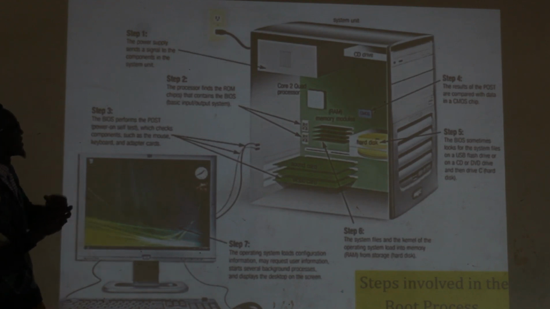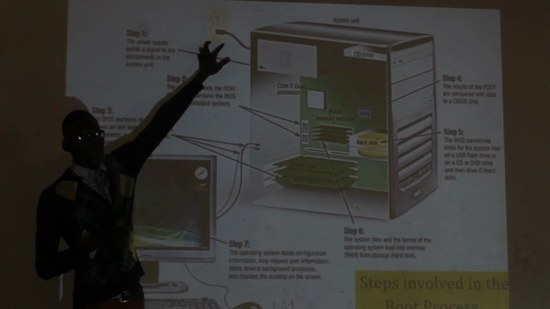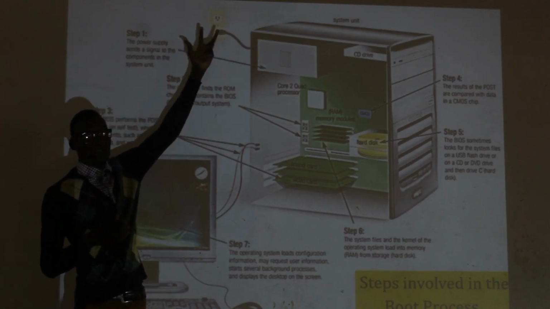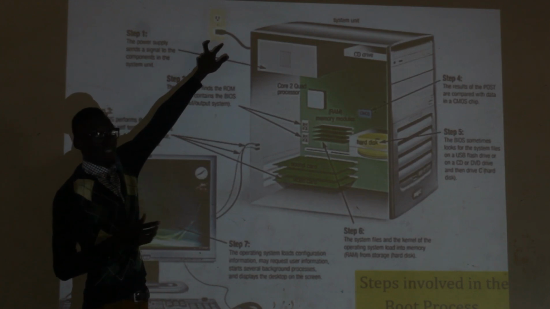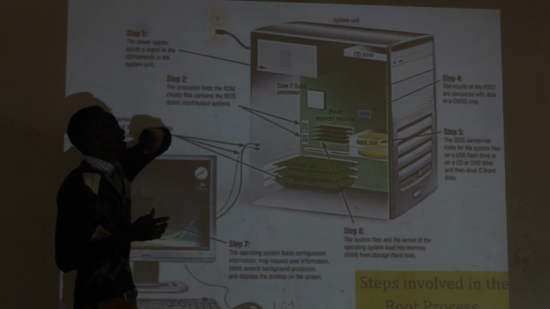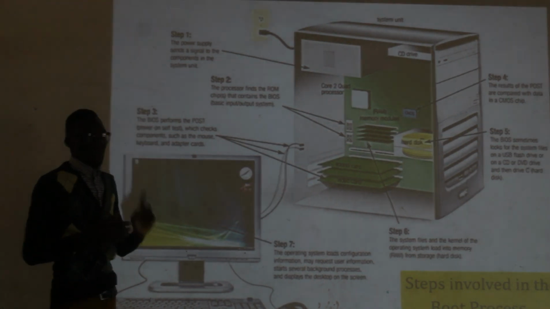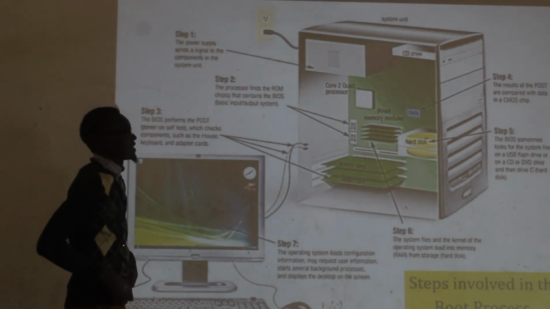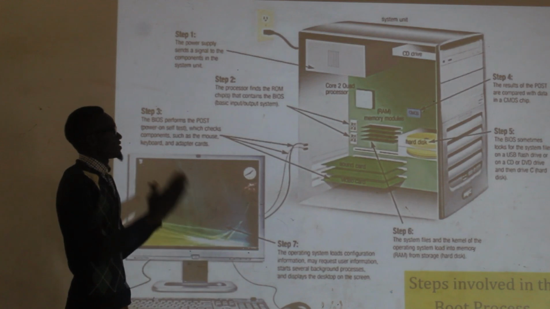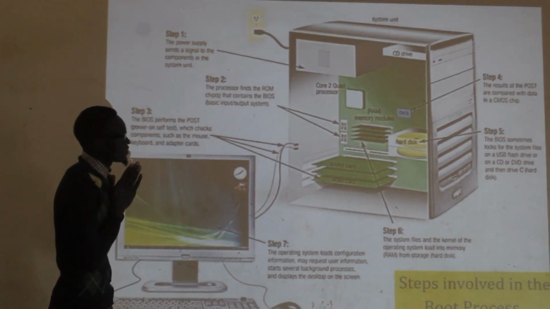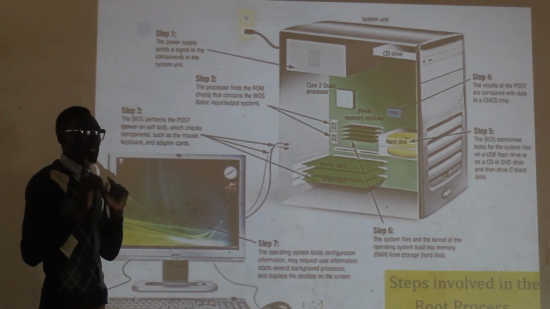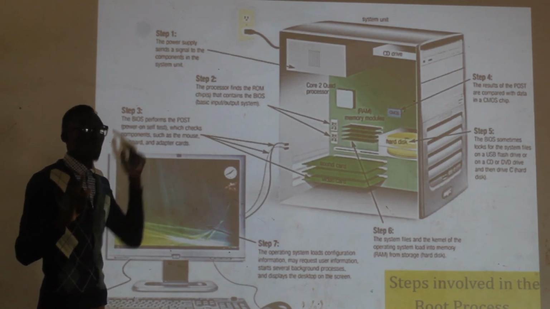That means we need a wall socket where we are going to tap power from. That's why we are seeing the wall socket up here. Then let's look at step 1. Once you start the computer, let's look at one of the processes of booting.